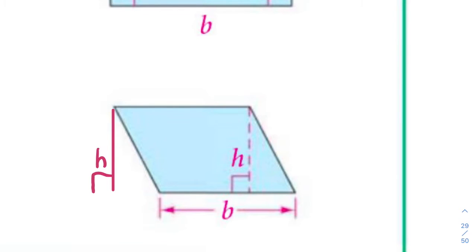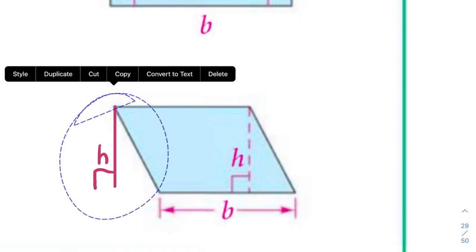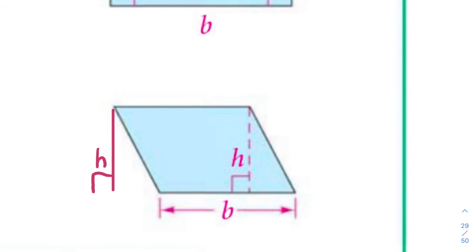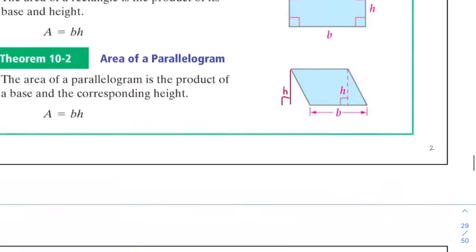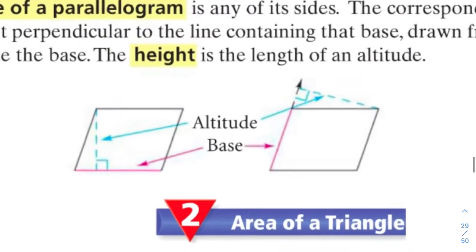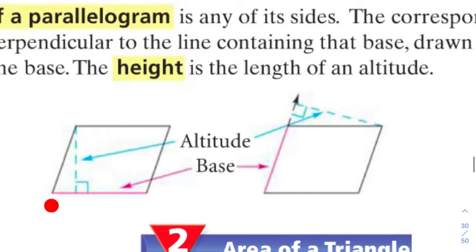Same thing if I were to drag this all the way over, the theoretical intersection would be out here, but that can still be a height. It does not have to be on the inside of a parallelogram or a triangle. Here you notice a diagram with a base in red or pink, and a height which is an altitude.